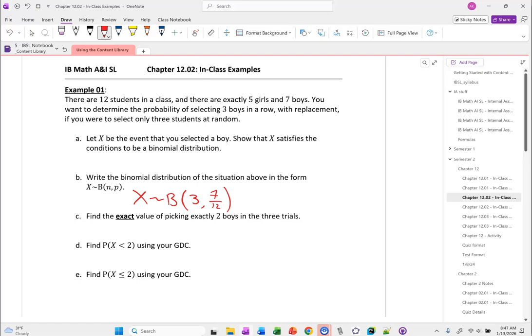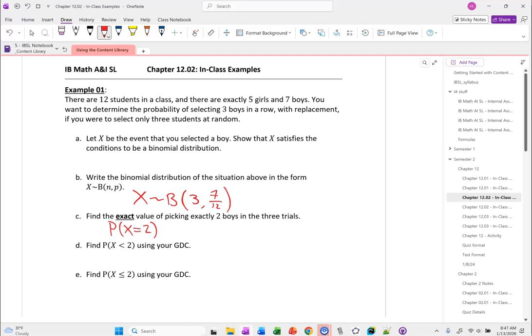All right. Find the exact value of picking exactly 2 boys in the 3 trials. When I say exact value, what does that mean? No rounding. I want you to do it by hand so you can give me a fraction answer, unlike typing in your calculator.